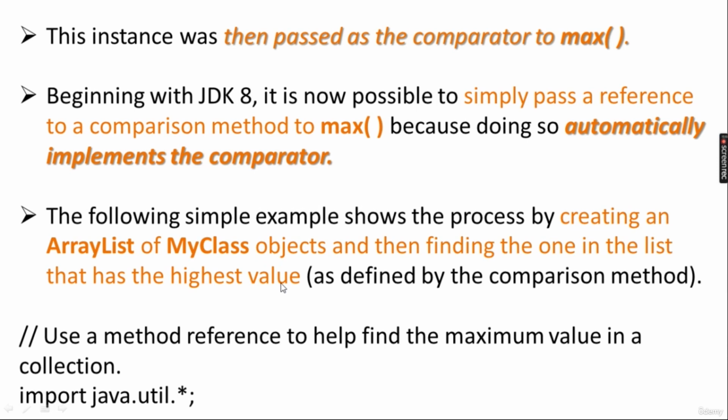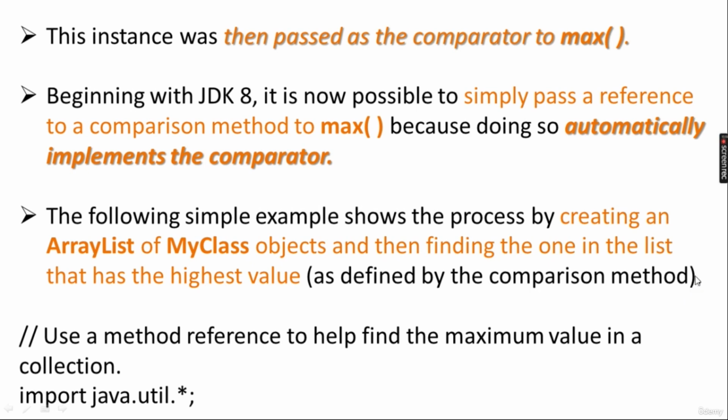Now we will see a simple example that shows the process by creating an ArrayList of MyClass objects, and then finding the one in the list that has the highest value as defined by the comparison method.